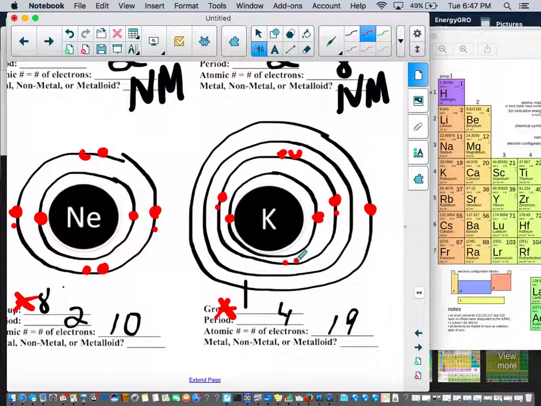So now we're sitting at 2 on the first, 8 on the second. That's 10, and 1 on the last one. That's 11. How many are allowed on that third one if we're trying to get to 19? Should be 8. 6, 7, 8. All right, so that would be potassium.